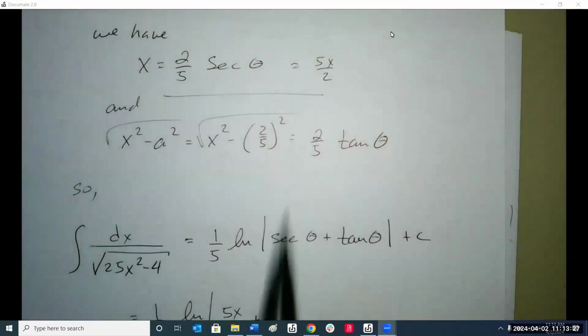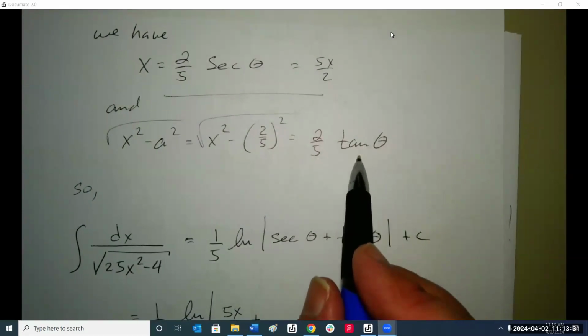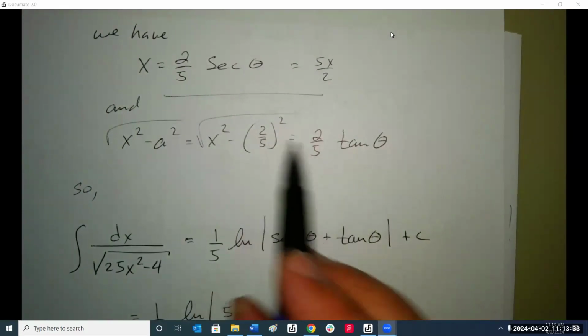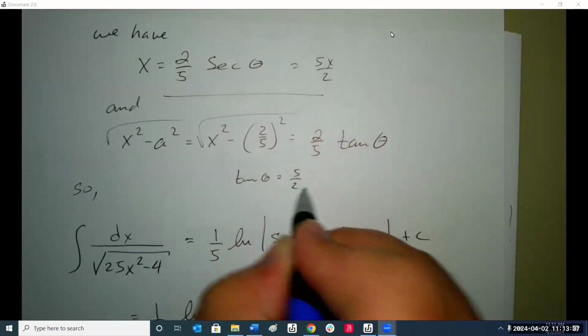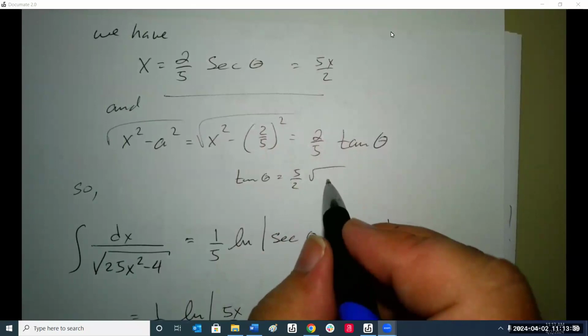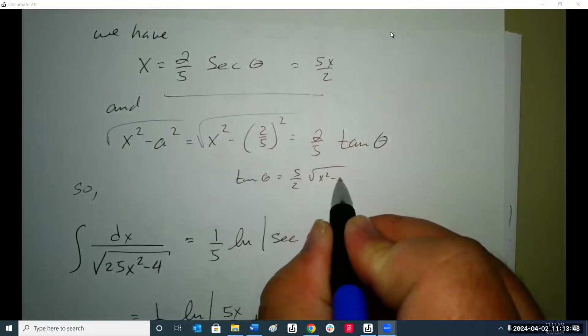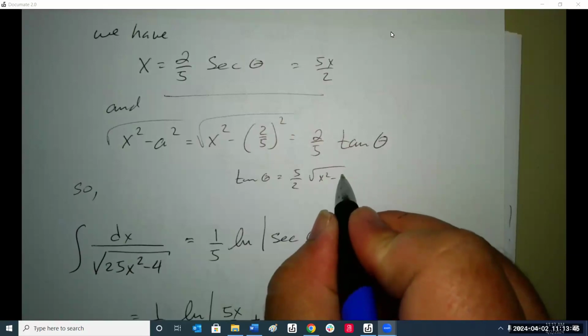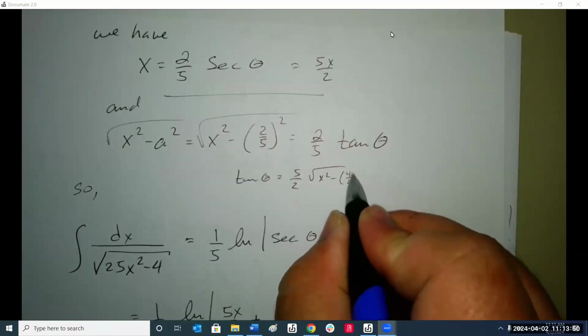Yes, secant from this first one. And tangent is 5/2 times square root of x squared minus 4/25.